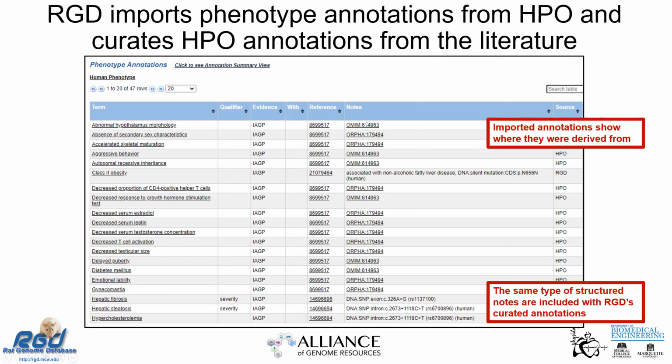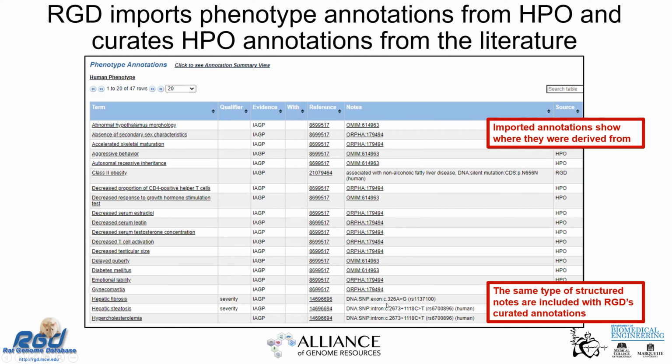So we get them from HPO, but they're deriving them from OMIM and also from Orphanet. And then the same type of structured notes are included with RGD's curated annotations to tell you, for instance, the RSID and where it's located.